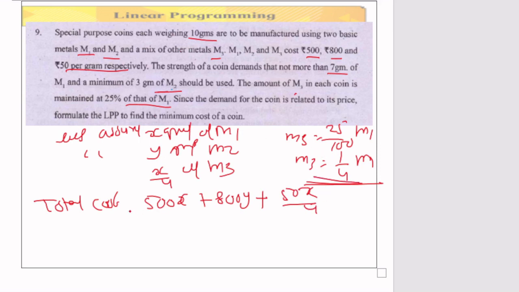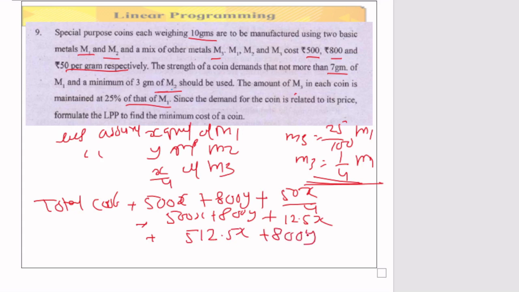After solving, 50x by 4 is 12.5x. So the overall equation becomes 512.5x plus 800y. This we have to minimize.